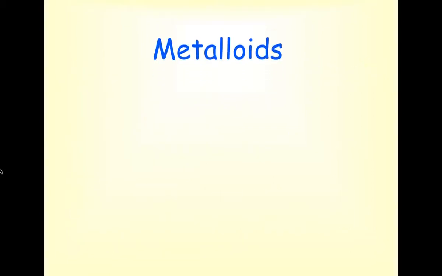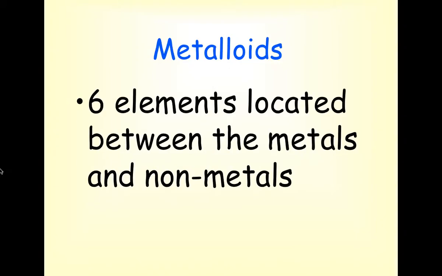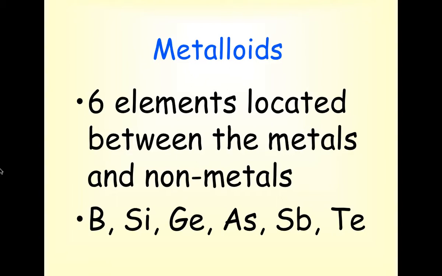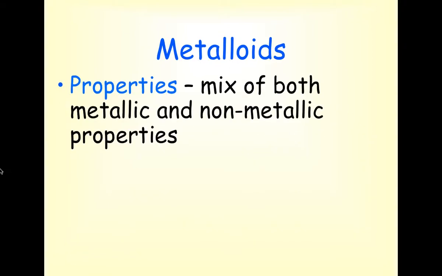The metalloids are 6 elements located right along the staircase between the metals and the nonmetals. This includes boron, silicon, germanium, arsenic, antimony, and tellurium. Their properties are a mixture of both metallic and nonmetallic properties, so these are very element specific.